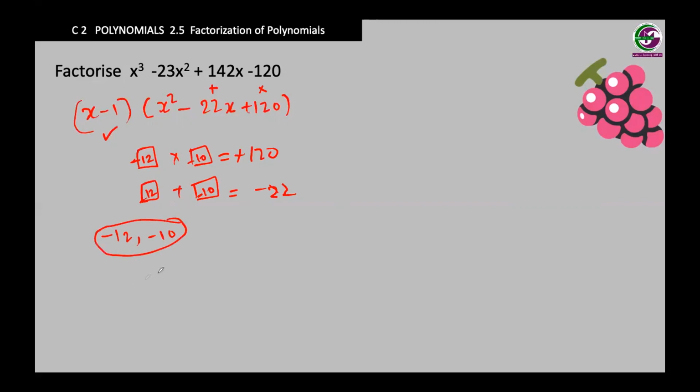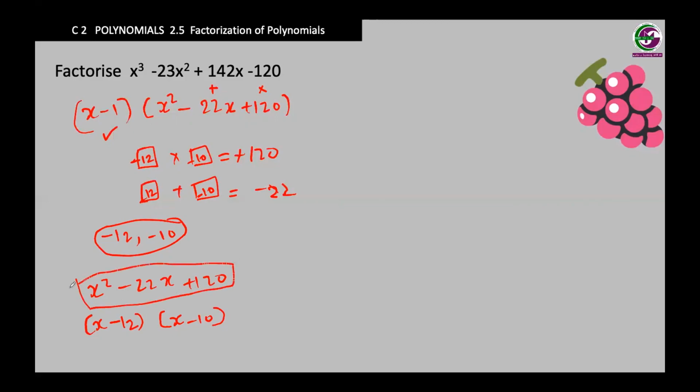Now, how can we separate it? x squared minus 22x plus 120 can be written as, again, the coefficient is 1, so open two brackets, write x in the first space, and the numbers are negative 12 and negative 10. So this is the factorization of this polynomial.